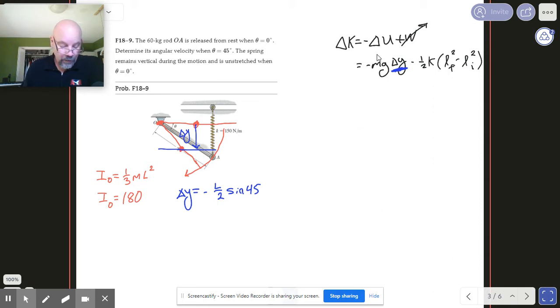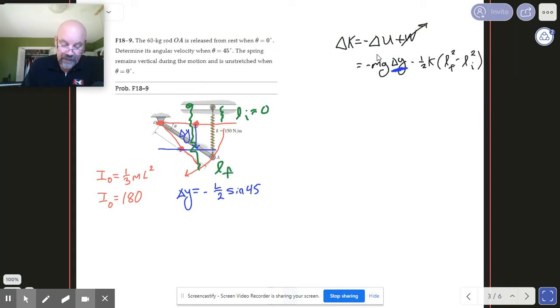Then for the amount that our spring has stretched, the spring starts out with a certain length up here. Now, we don't actually know what that length is, but we know that its initial stretch is 0. So it's not stretched at all to begin. And in the end, it's going to be over here, stretched all the way down to here, and it'll be stretched out some amount L final.